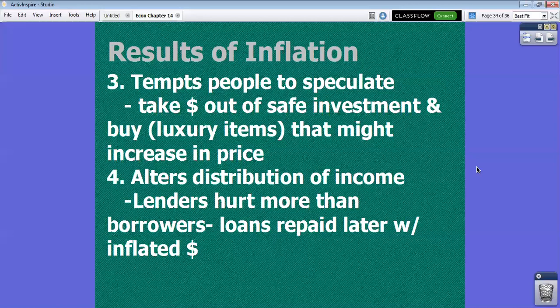So that helps the borrower because now they're paying back that loan at money that's worth less than it originally was. So a borrower is helped because, again, they're paying back the same amount of money as they did before the inflation hit. So now that amount with inflation, it's really less valuable than it was before.